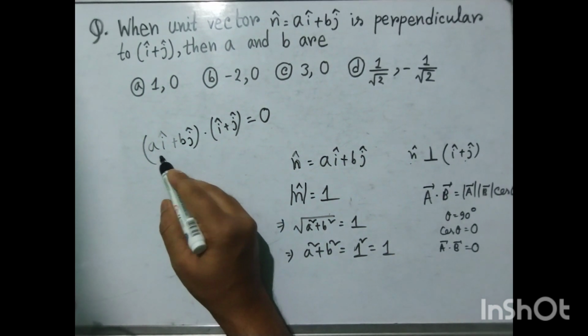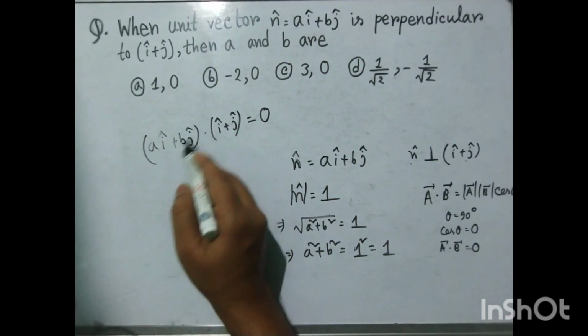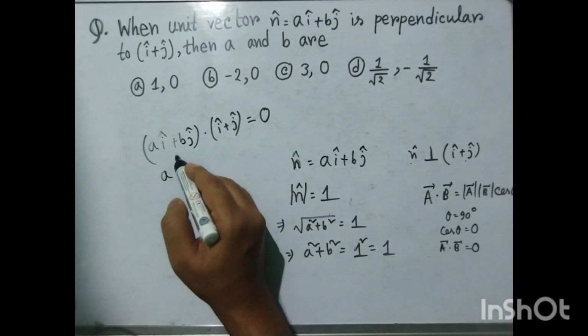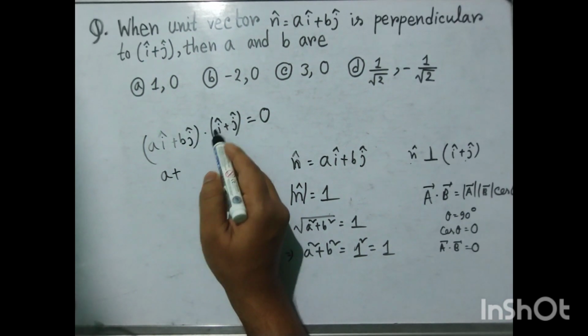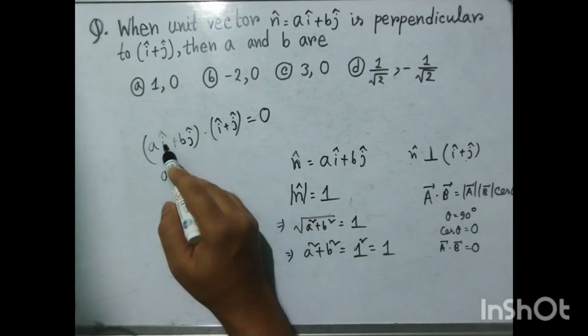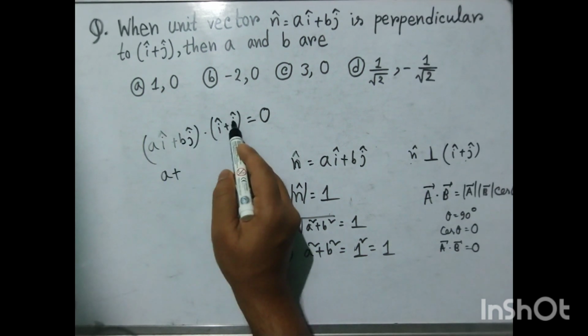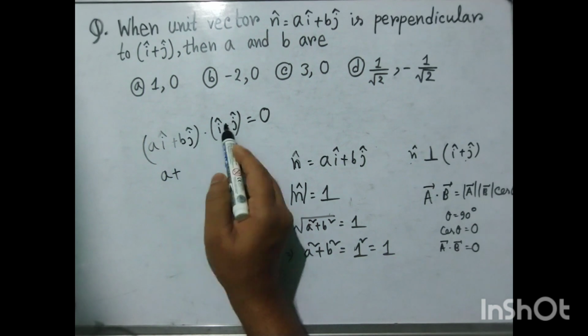This will be a i cap dot i cap. I cap dot i cap is 1, so this will be a. I cap dot j cap is 0. J cap dot i cap is also 0. When the two unit vectors are similar, then it will be 1. If the unit vectors are different, then it will be 0.